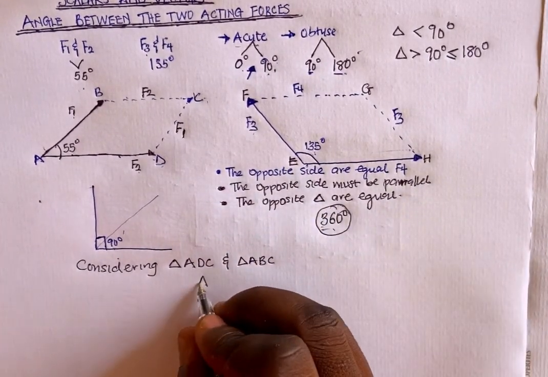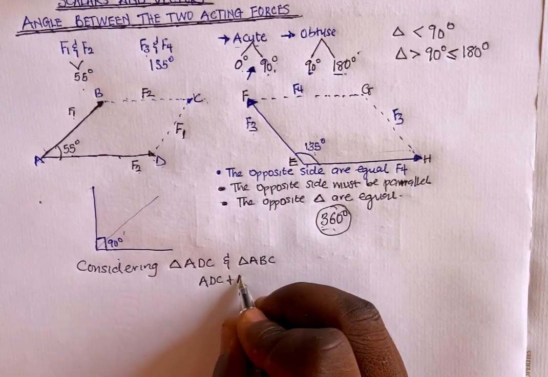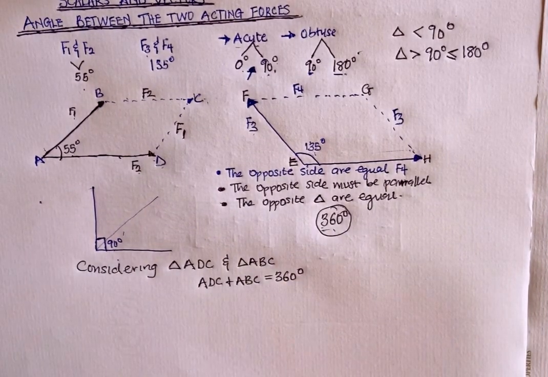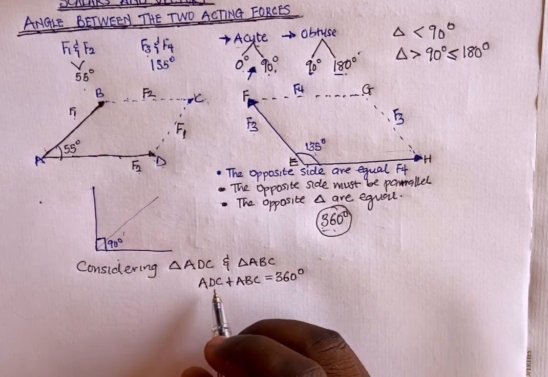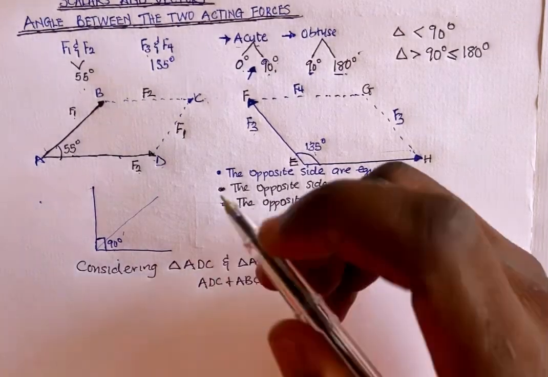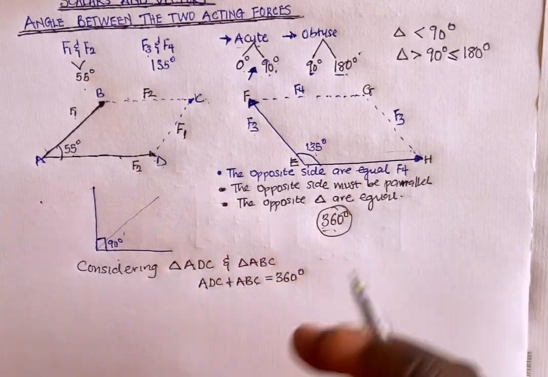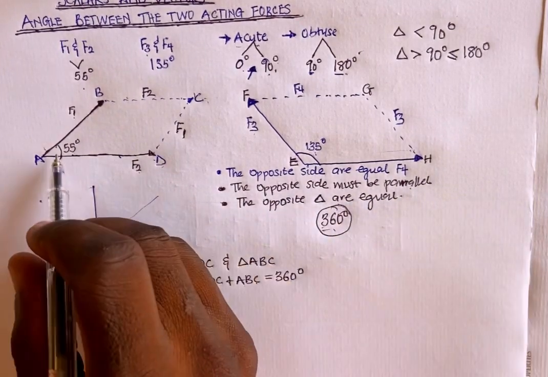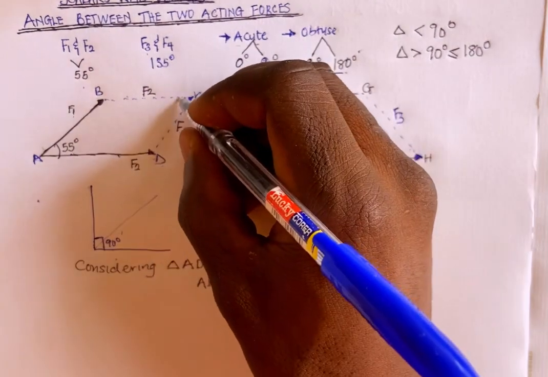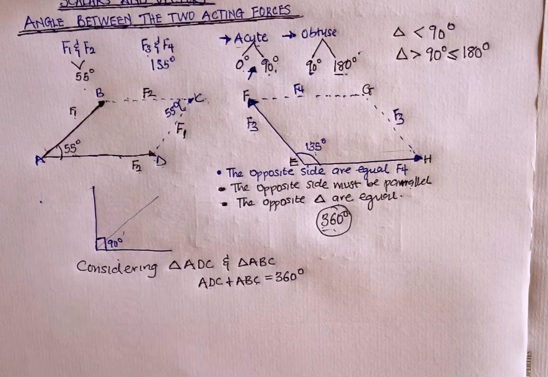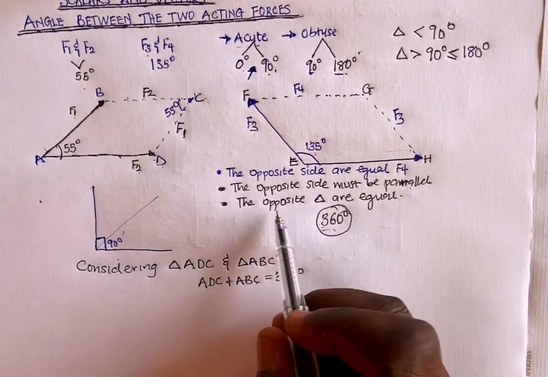That means ADC plus ABC must be equal to 360 degrees. Looking at the properties of a parallelogram, the opposite sides must be parallel. The opposite angles are equal. The angle here is 55, and the angle here also will be 55 degrees, since according to the properties of a parallelogram, the opposite angles are equal.